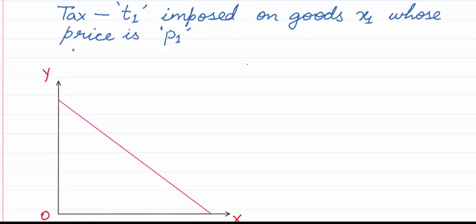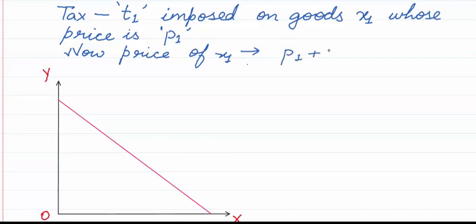So we can say that now the price becomes P1 plus T1. So we have the price of X1 as P1 plus T1.